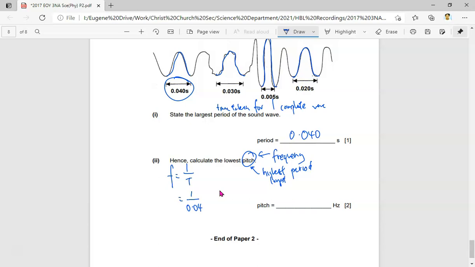So I take 1 divided by 0.04, and you get 25 Hertz. The unit of frequency is Hz, which represents Hertz. So the lowest pitch is at 25 Hertz.